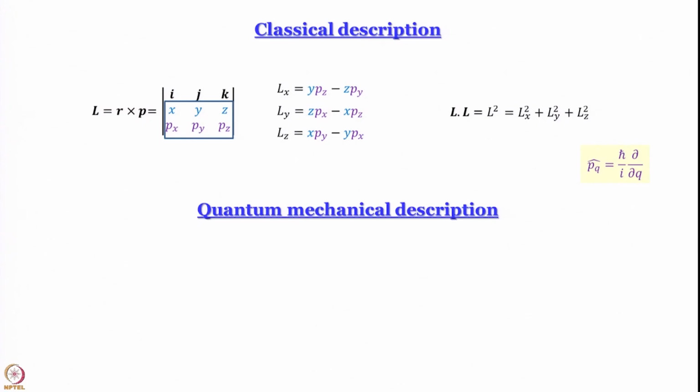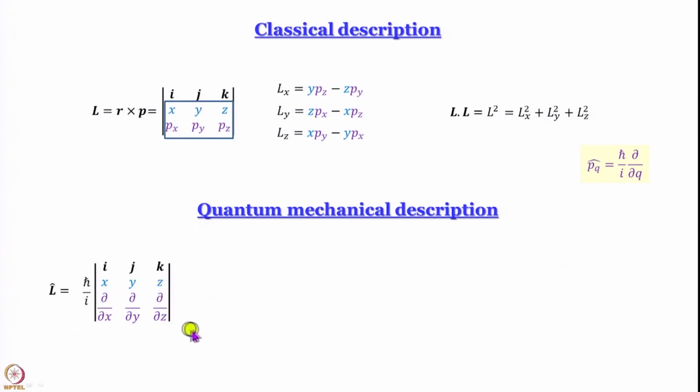Okay. Now, with that, let us try to write a similar determinant for the L hat operator, the angular momentum operator. What will it be? It will be something like this. First row remains the same, i j k, second row also remains the same.